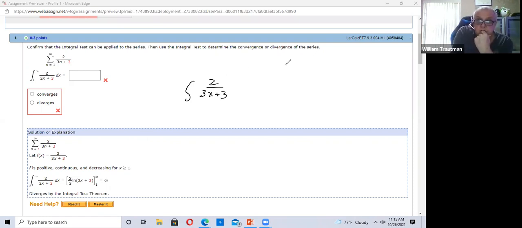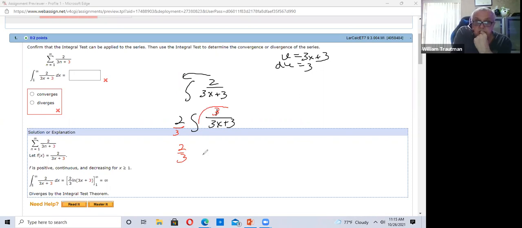U equals 3x plus 3, so du equals 3. So I'm going to bring the 2 out. And I need a du, so I'll put a 3 here and put a 3 down here. So this becomes 2/3, and when I integrate this, I get the natural log of 3x plus 3.